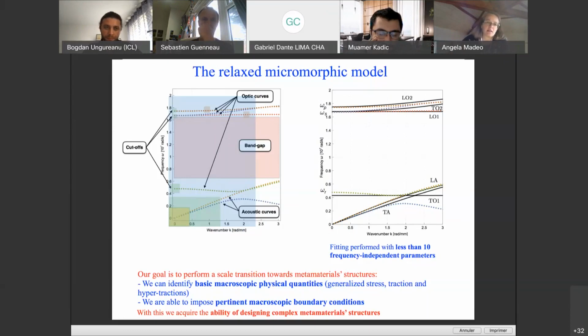So the answer is just here on the right, and here I present already the results. The black lines are the fitting of our micromorphic model that I will introduce in some minutes on the Bloch-Floquet curves that we use as an experiment in this case.